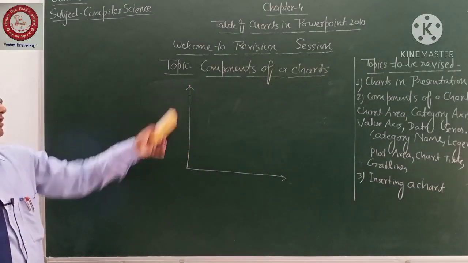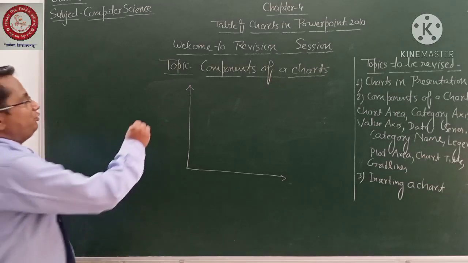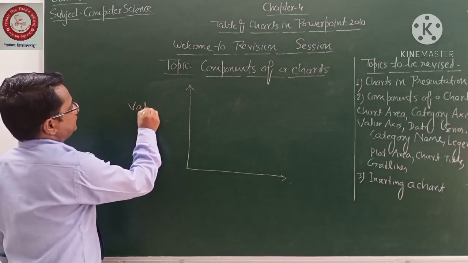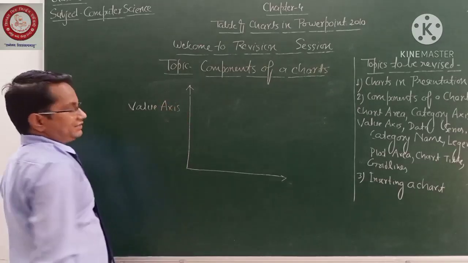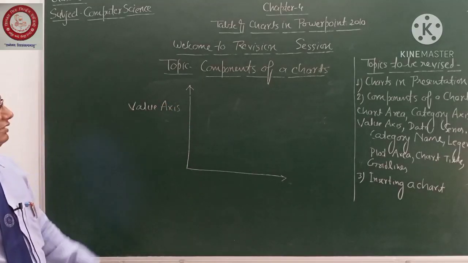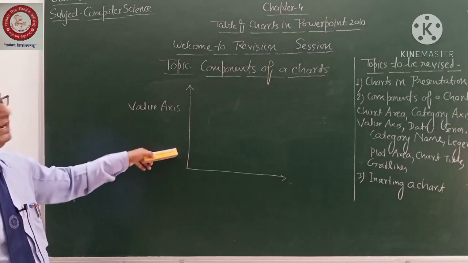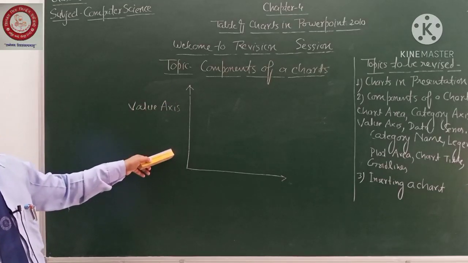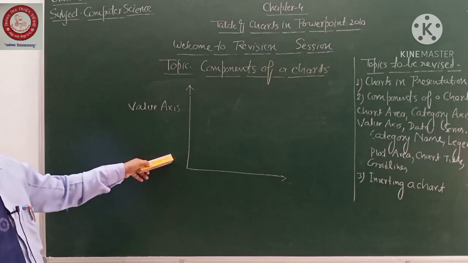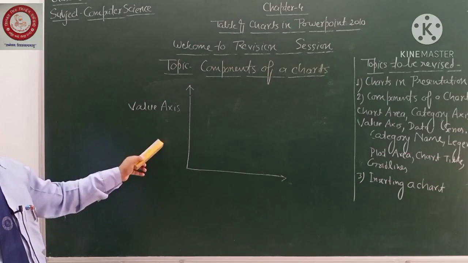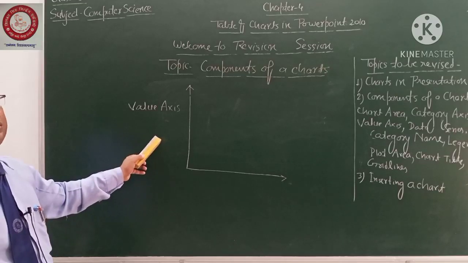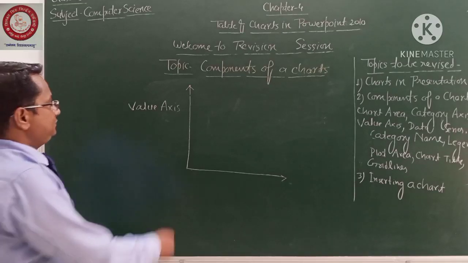This vertical axis is known as the value axis, right? And on this vertical axis, we are going to represent your data, okay? And it is totally based on trend analysis.